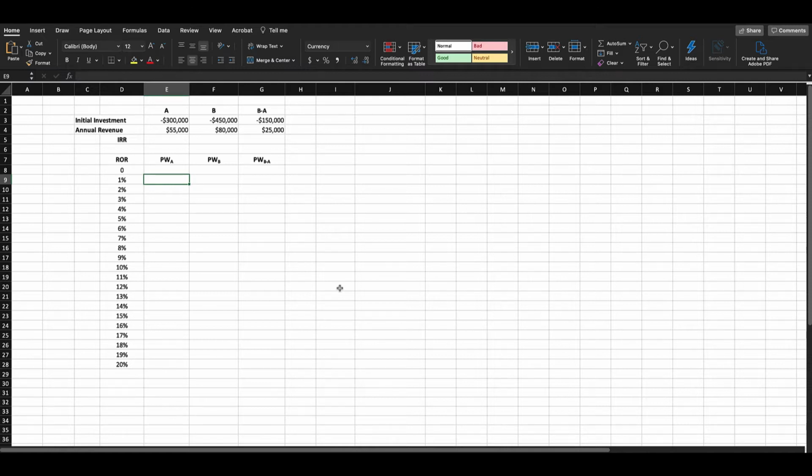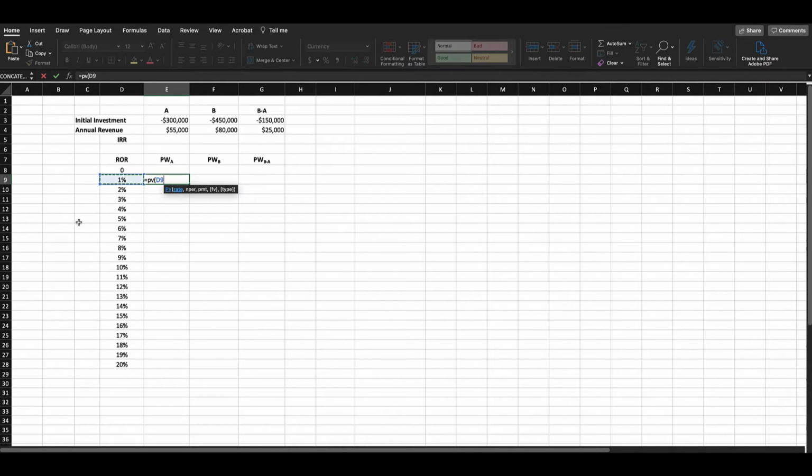So let's calculate the present value of alternative A, which requires $300,000 initial investment and annual revenue of $55,000, and we want to calculate the present worth at 1% first. As you know, the Excel function for calculating present worth is PV, and when you open the parentheses you have to pass in the rate.